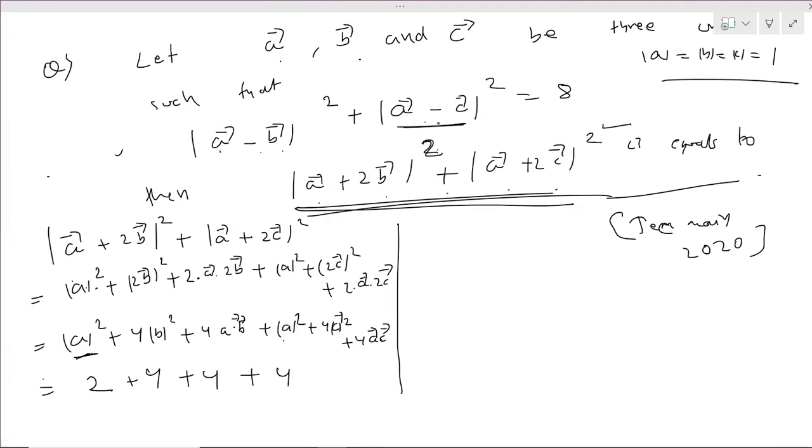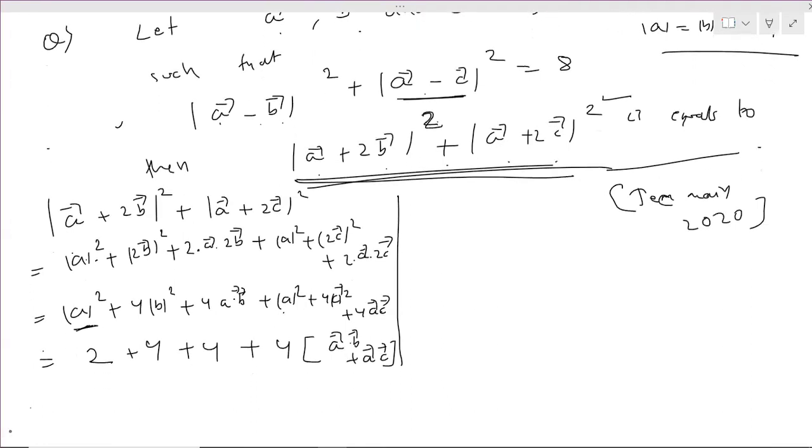What remains? I can take 4 common, then A dot B plus A dot C. This you have to find. Everything else we already have. This is 2 plus 4 is 6, plus 4 is 10, plus 4 times A dot B plus A dot C. All you have to find is this value. For this, they have given you something.